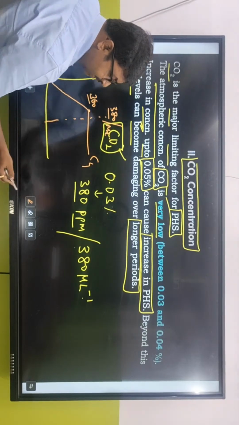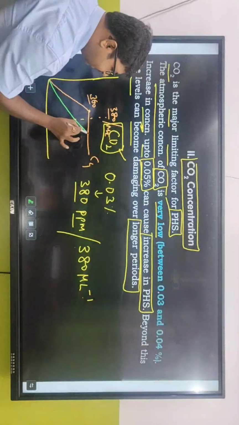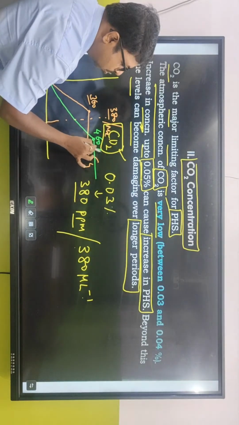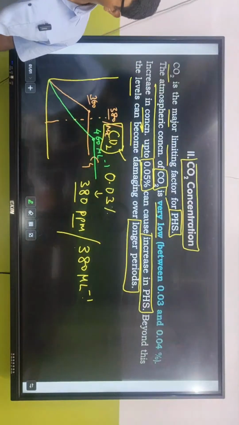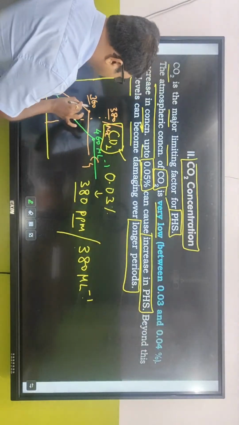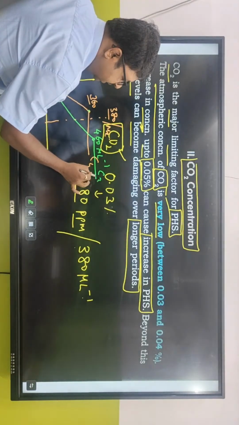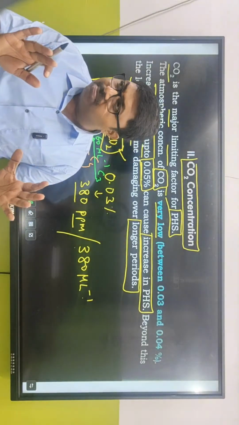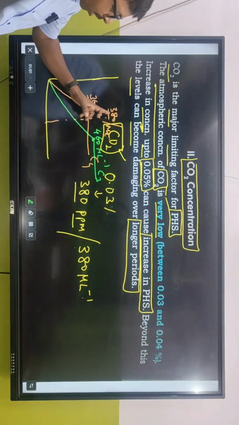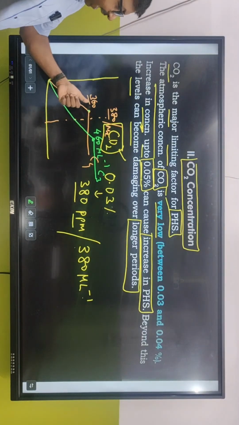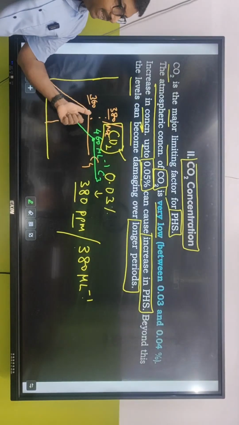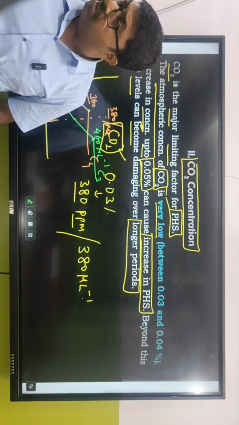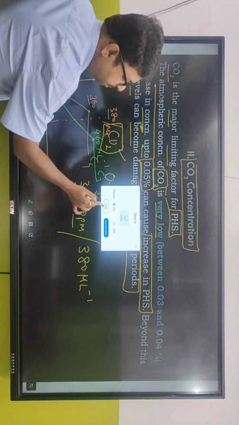But in C3 plants, this level is achieved at 460 micro per liter. What does it mean? The normal concentration was 380, and C4 meets saturation before that, but C3 needs a much higher amount of carbon dioxide to meet that level. So we are going to talk about that.